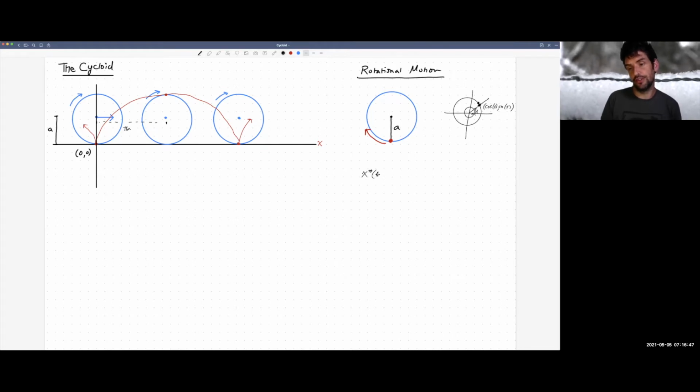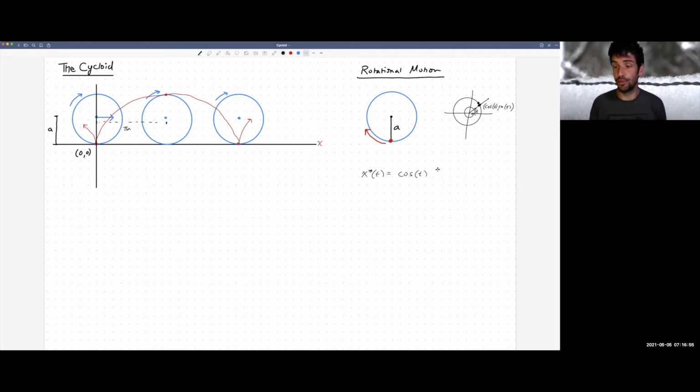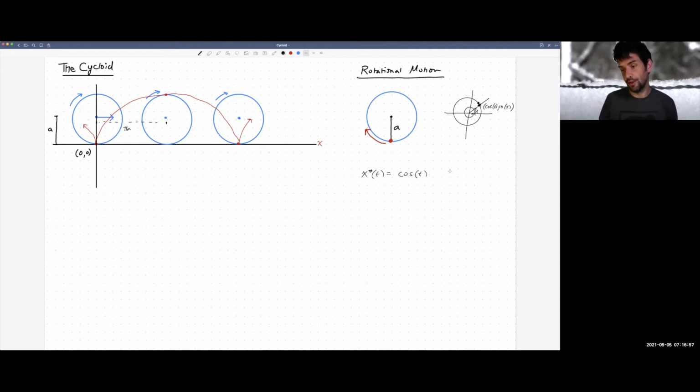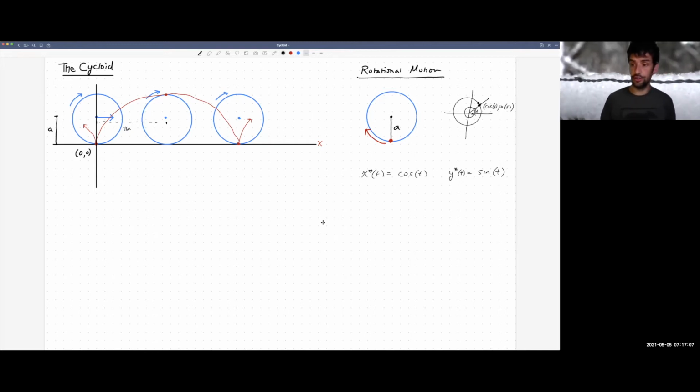I'm going to put a little asterisk on them because we're going to be kind of changing them as we go. Okay, so I'm just using that to mean in progress. So I've got x star of t and y star of t that look like this. This will give us a circle.